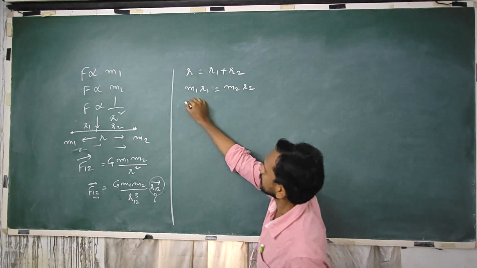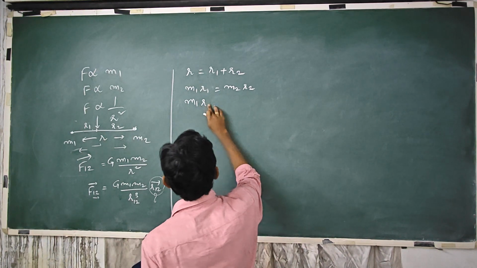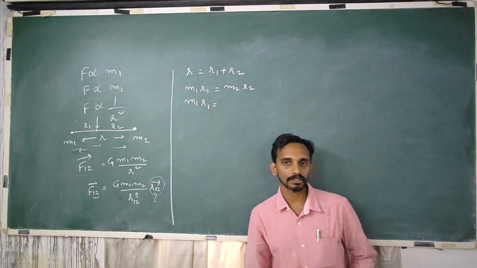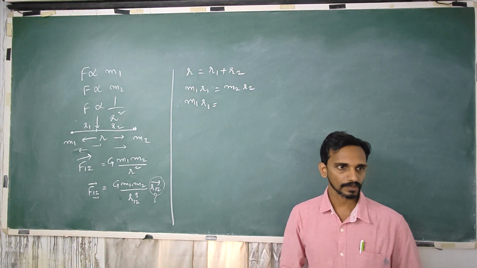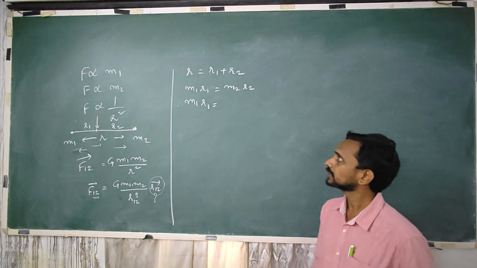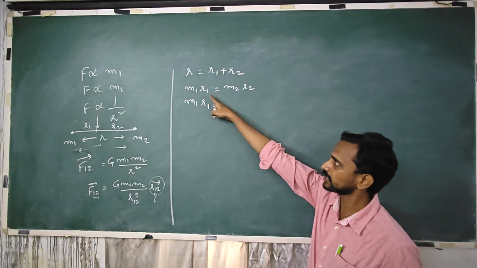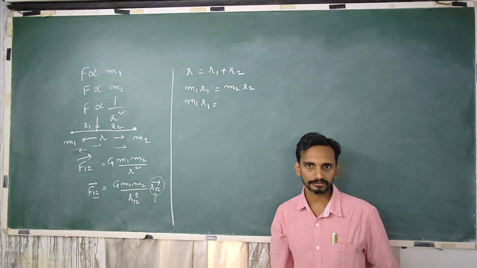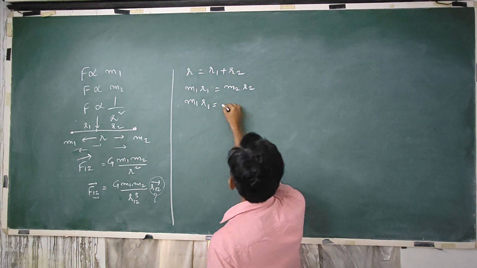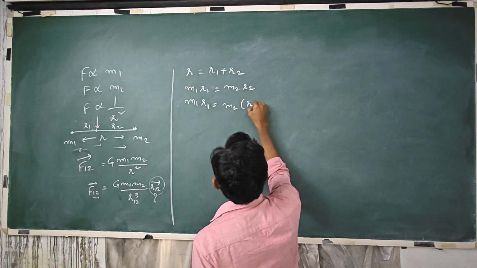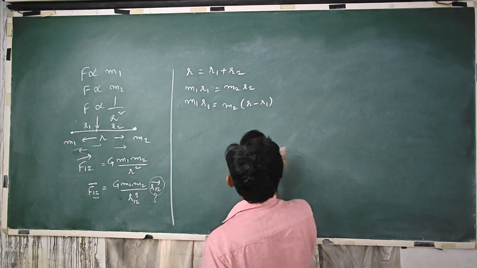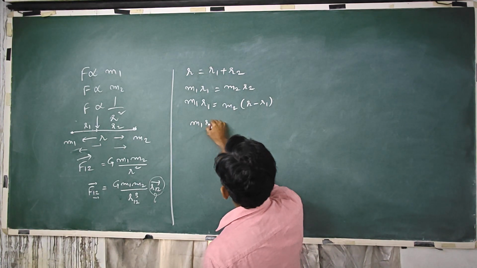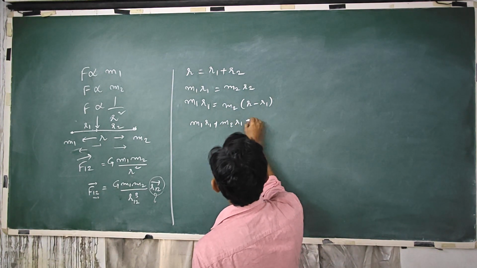So from here I can write m1 r1 is equal to, I am trying to eliminate r2 so that I will get a value for r1. My aim is to get the value of r1 from these two equations. m1 and m2 are known. So I am eliminating r2: m2 times (r minus r1). So what do you get? m1 r1 plus m2 r1 is equal to m2 r.